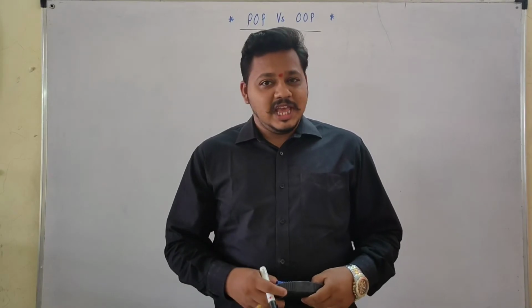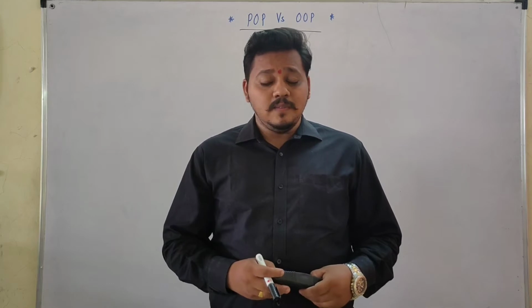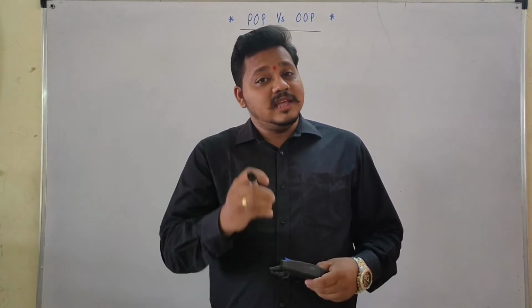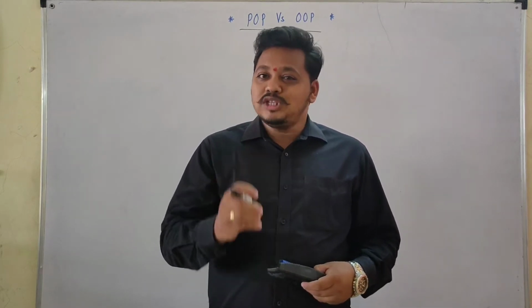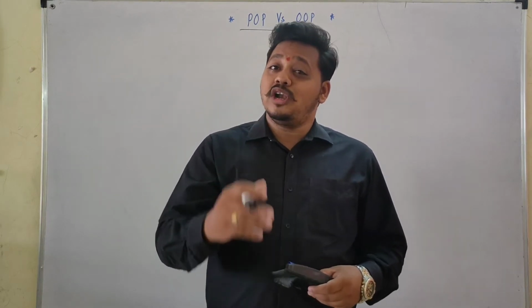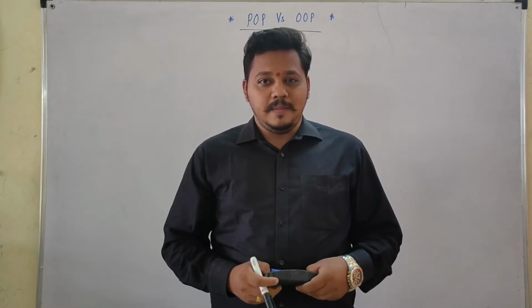Now students, if you go into any organization or company and ask them what is the most important thing they have, they will definitely say the most important thing is data. Data is the most important thing in any organization or company.